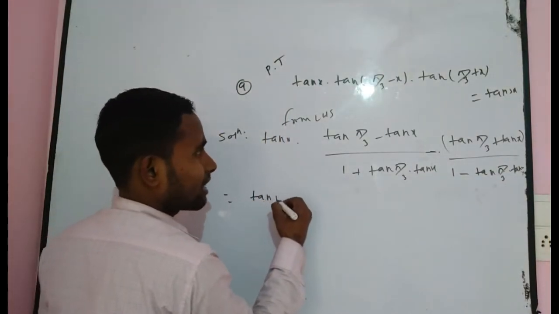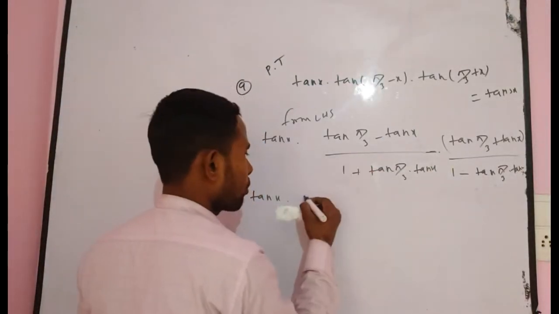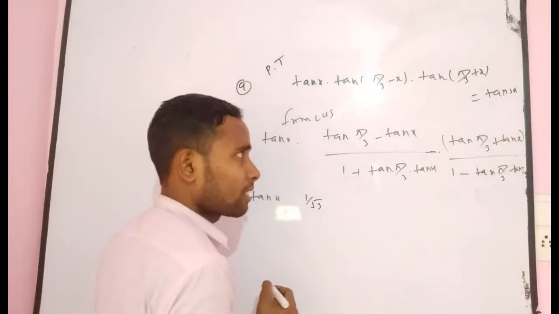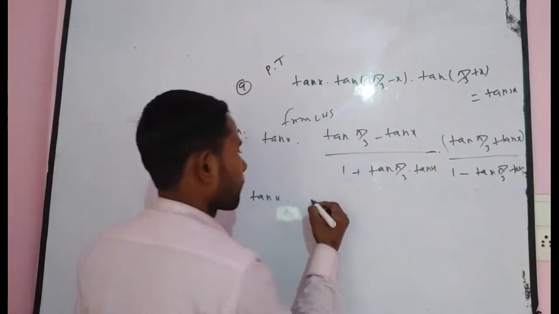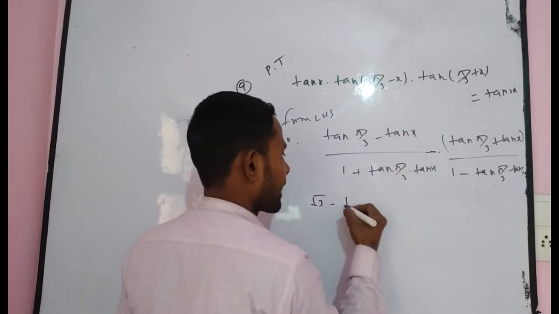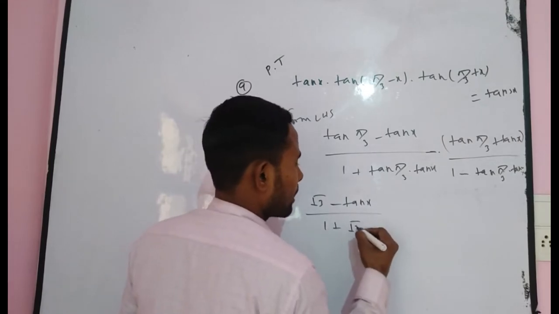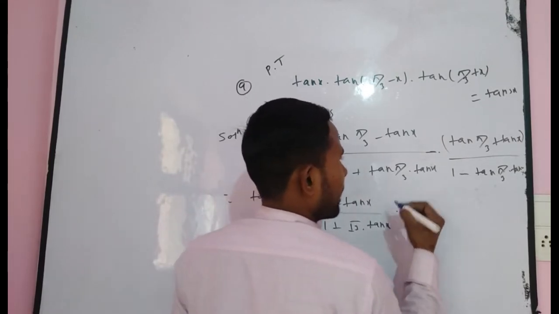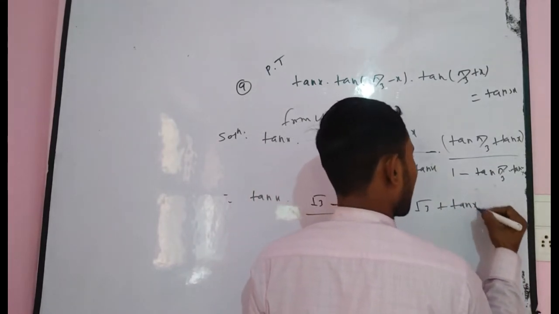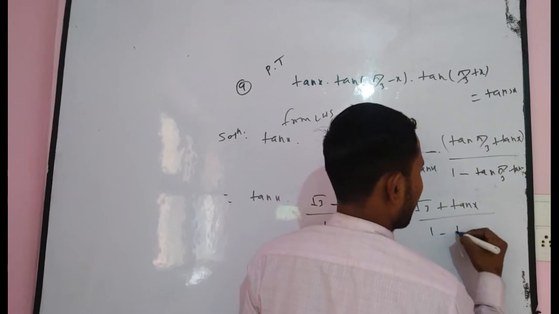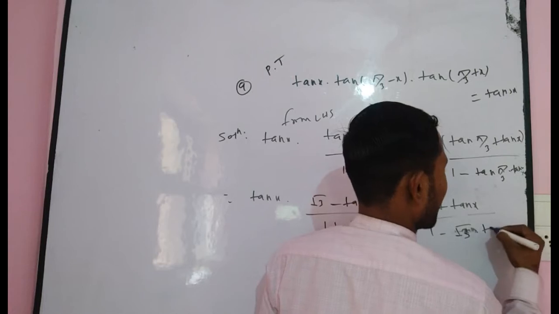Can you write tan pi by 3 is equal to what? Tan pi by 3 is equal to root 3. It becomes root 3 minus tan x divided by 1 plus root 3 into tan x, into root 3 plus tan x divided by 1 minus root 3 tan x.